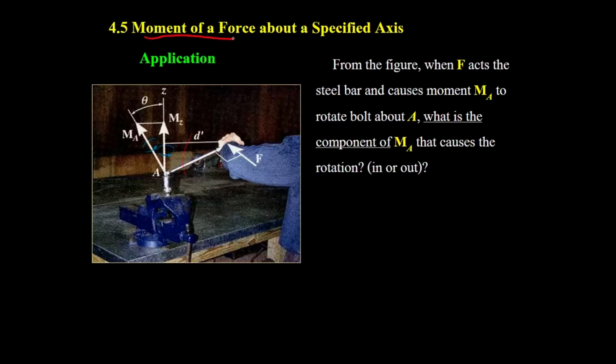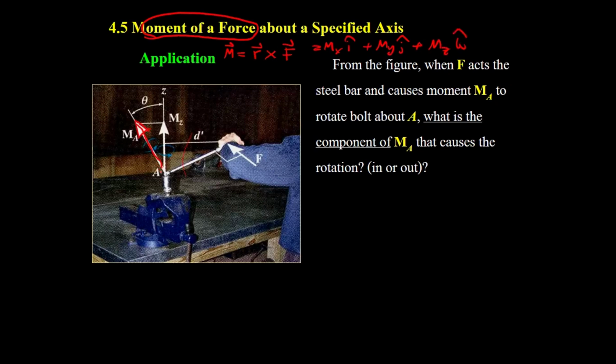We're talking about the moment of a force already, which is the moment equal to the position vector cross the force vector. The problem is the moment that you determine can be composed of the component in the x direction, the y direction, and the z direction.